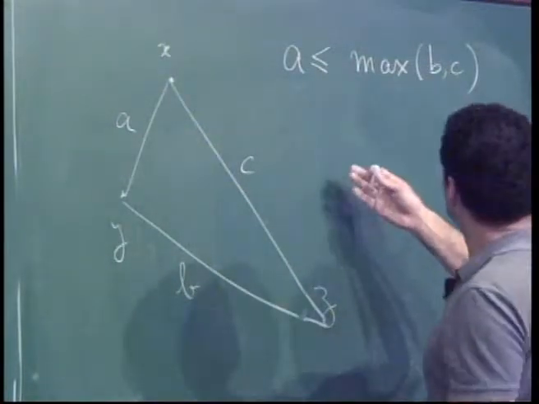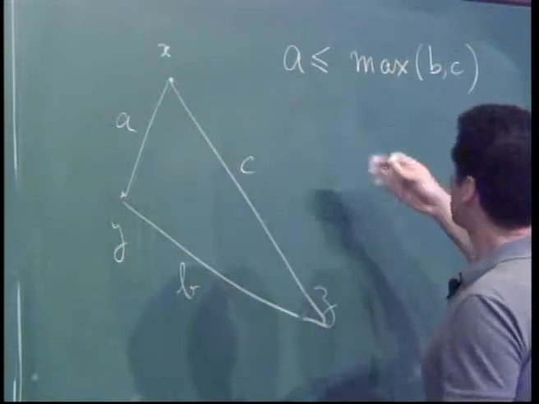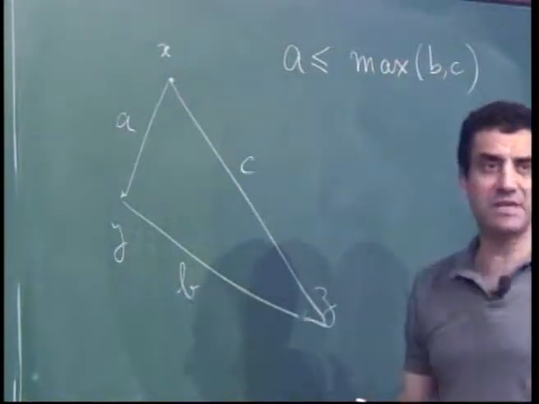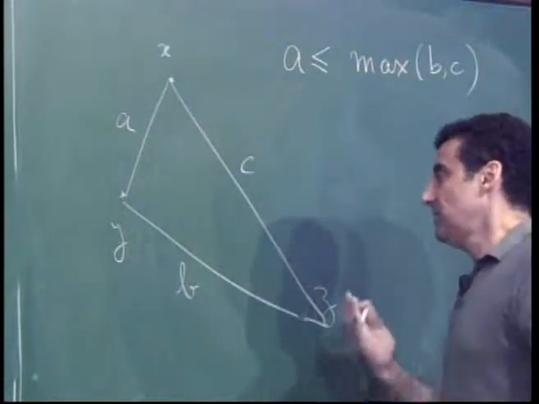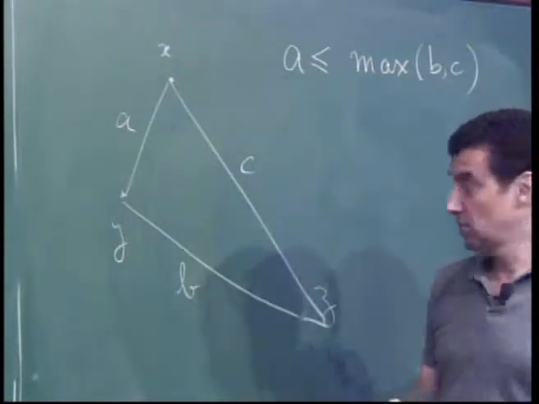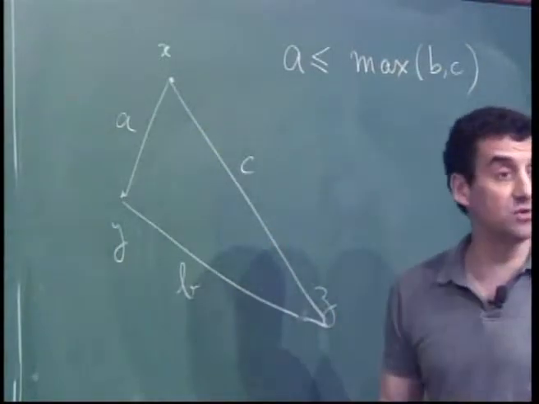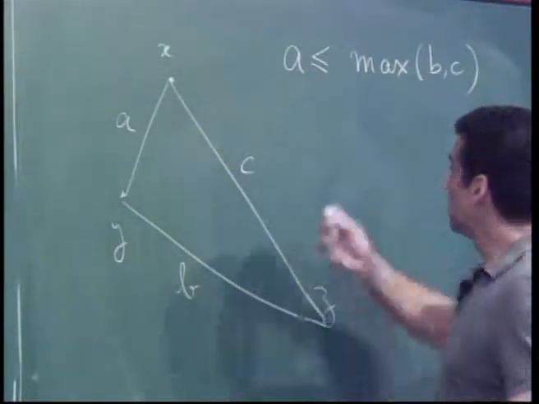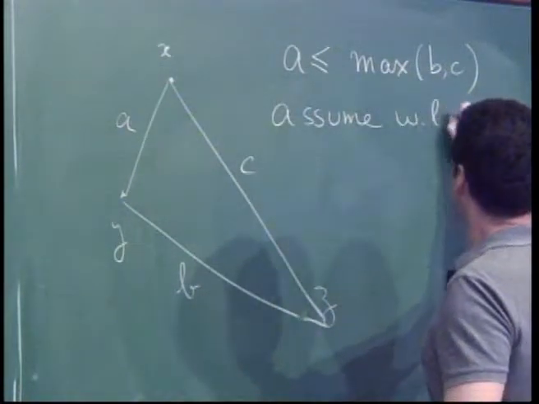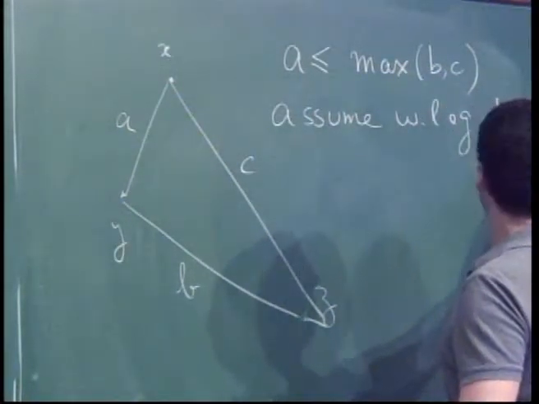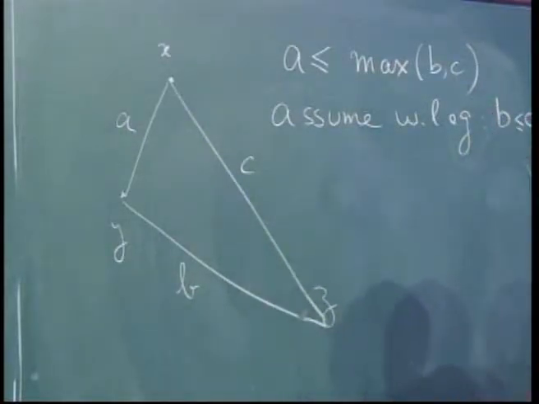So let's assume, without loss of any generality, I have these 2 numbers, B and C. So one of them is larger than the other. So here in my picture, C seems to be larger. Right? So assume, without loss of generality here, that B is smaller than or equal to C.